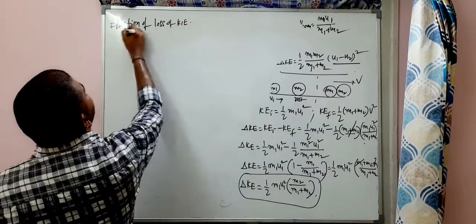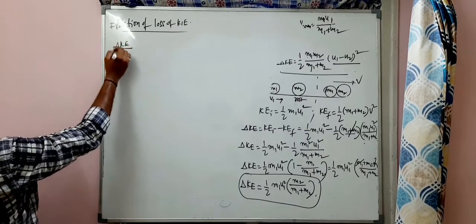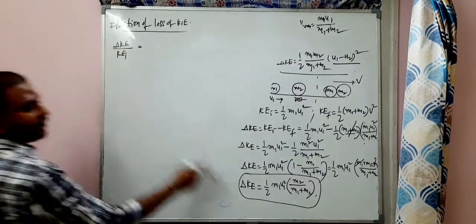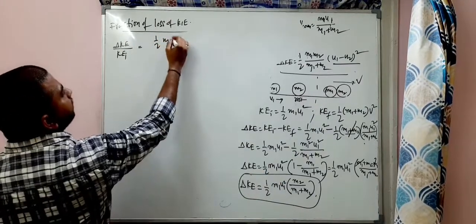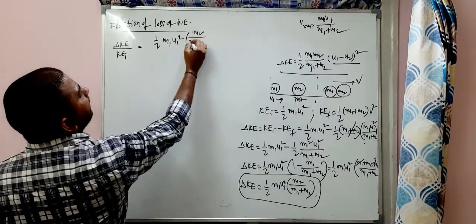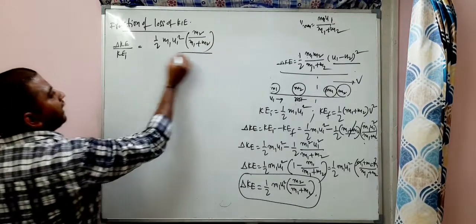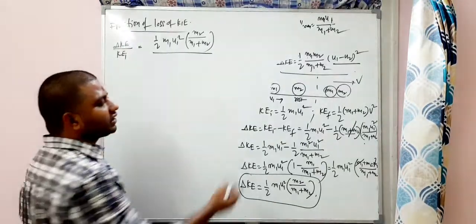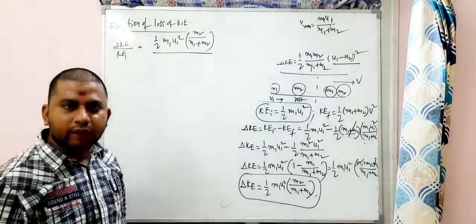So that is the concept: loss of kinetic energy by initial kinetic energy. Loss of kinetic energy we got is half into m1 u1 square into m2 by m1 plus m2, divided by the initial kinetic energy, which in this case is half m1 u1 square, before the collision.